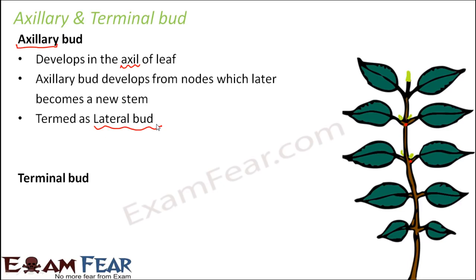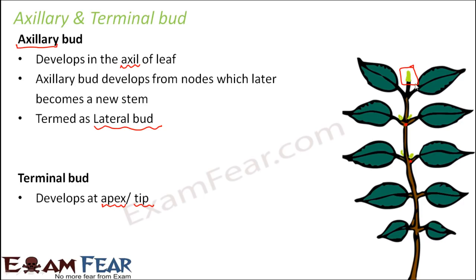Whereas when I say terminal bud, what is terminal? Terminal generally denotes end of something, right? So this kind of bud develops at the apex or at the tip. So this is my terminal bud or apical bud because this is the apex. If you see, this is the main stem. So now once you have a bud here, it doesn't grow further. But lateral buds, at each node you have natural buds.